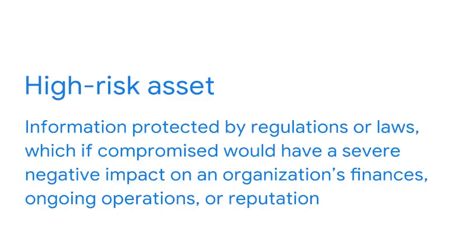A high-risk asset is any information protected by regulations or laws, which, if compromised, would have a severe negative impact on an organization's finances, ongoing operations, or reputation. This could include leaked assets with SPII, PII, or intellectual property. Now, let's discuss vulnerabilities.